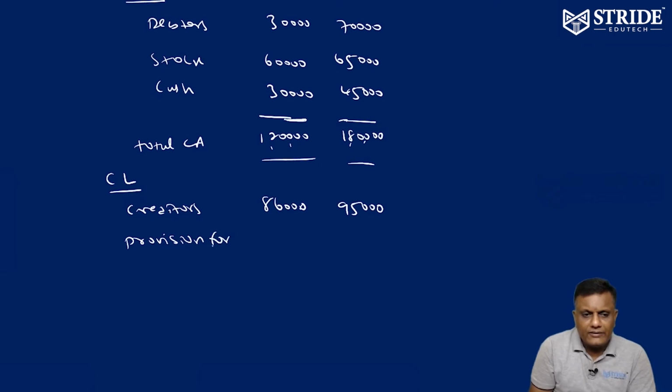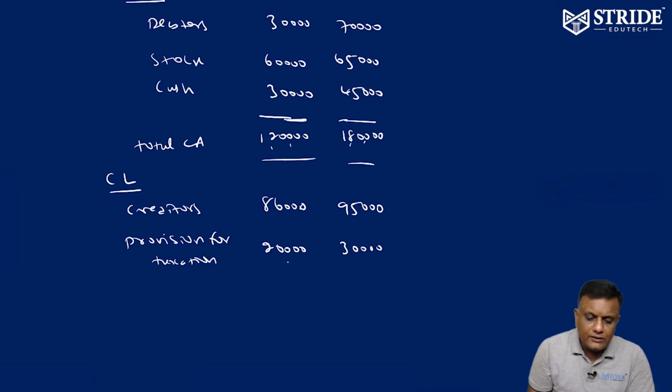Opening provision for taxation 20,000, closing provision for taxation 30,000. So only two things are current liability.